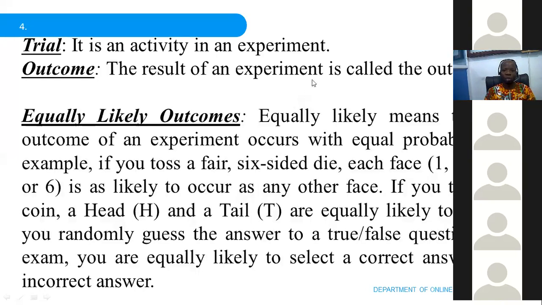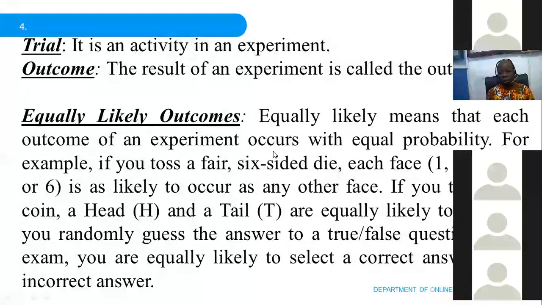Let's go to the next one. Equally likely outcomes. Equally likely means that each outcome of an experiment occurs with equal probability.